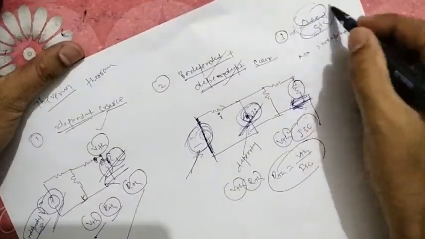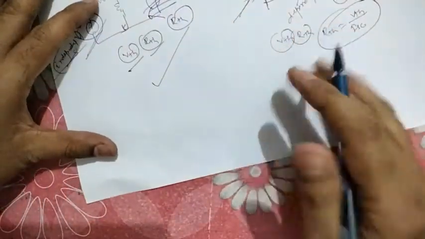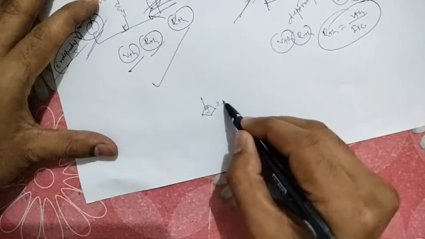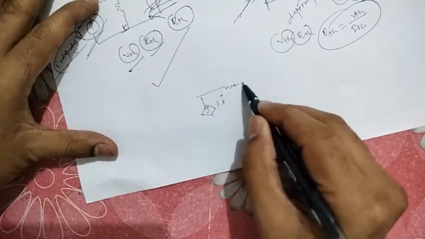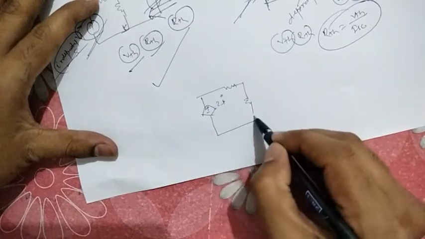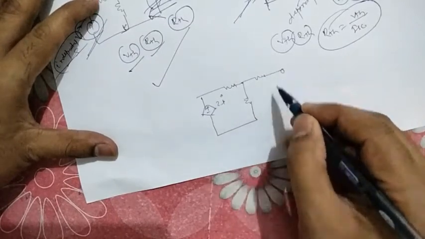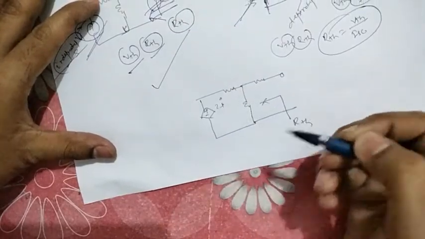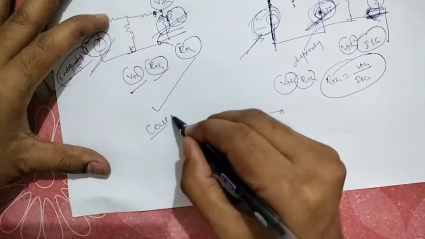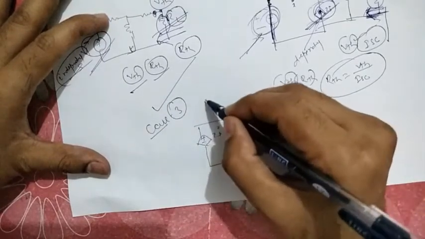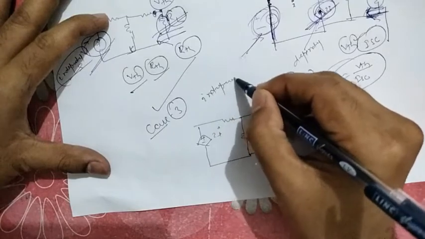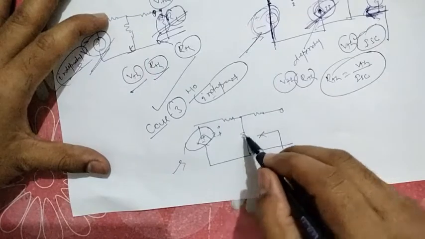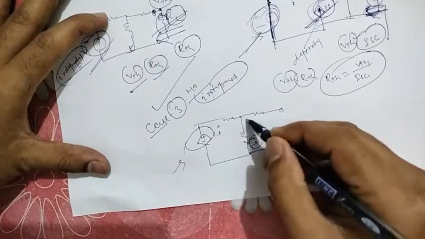And in the dead circuit, there is no independent source, and the circuit will consist of this kind. Suppose this is the circuit, and if you want to calculate the RThevenin, then this is the third case where no independent source is there. Here only the dependent source is there, and it depends on the value of the current which is coming over here.